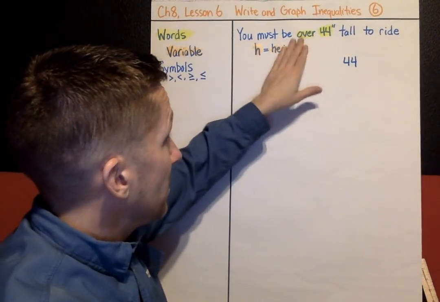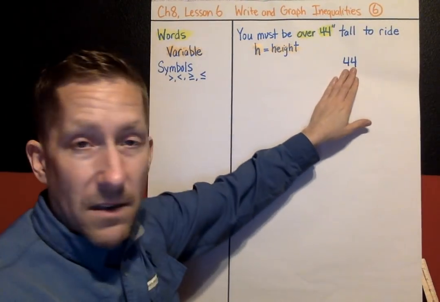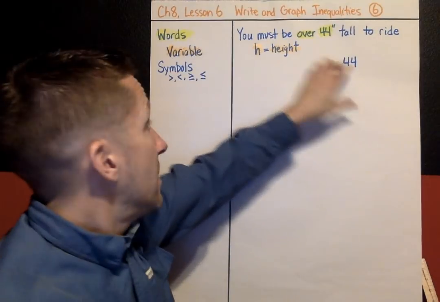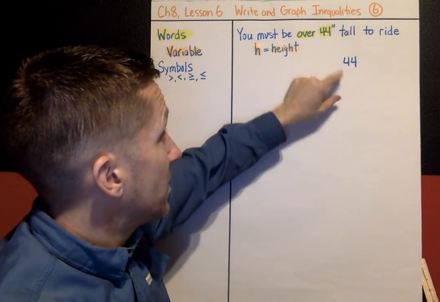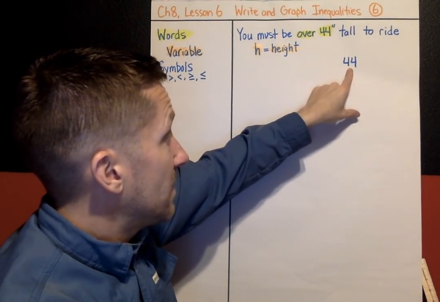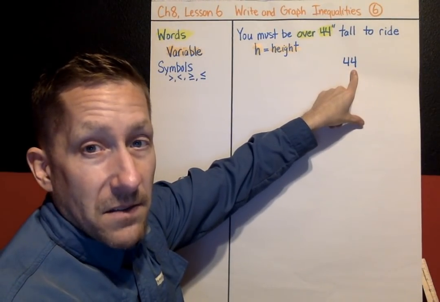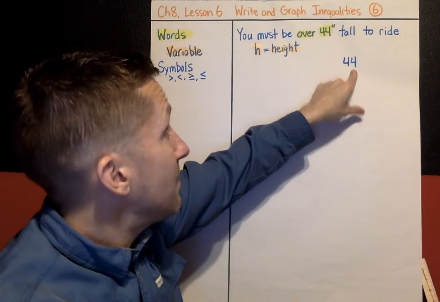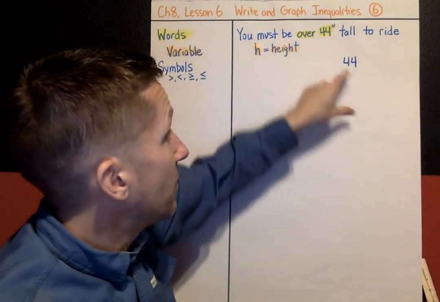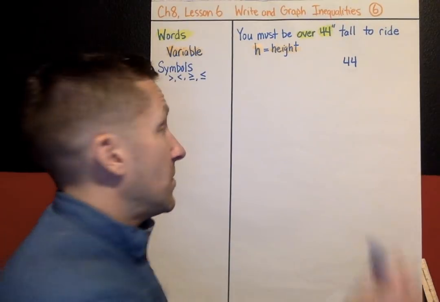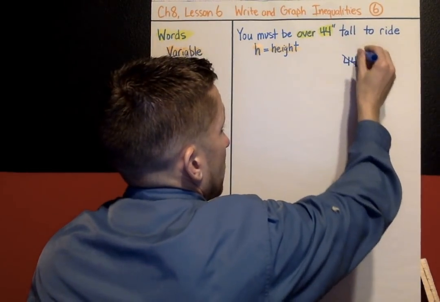Is this kid going to be able to get on the ride? If it says you must be over 44 inches tall to ride, the answer is no. He's not going to be able to ride because it says you must be over 44 inches tall. So this kid is not going to be able to ride.